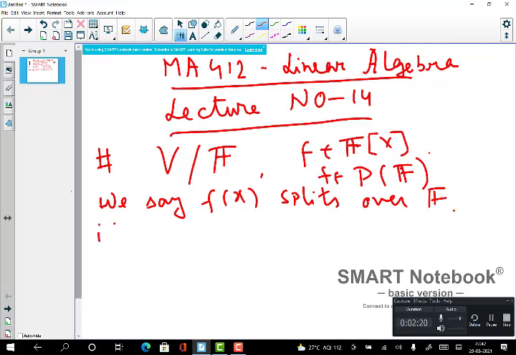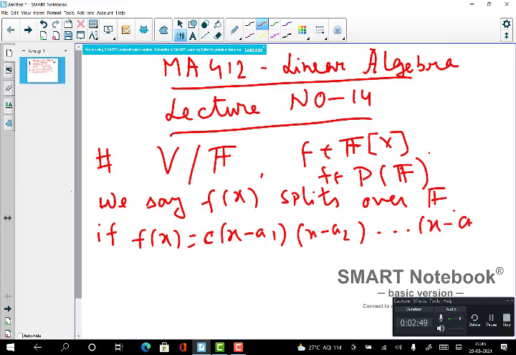you can write f(x) as some constant times (x minus a1)(x minus a2) up to (x minus an), where the degree of f is equal to n.